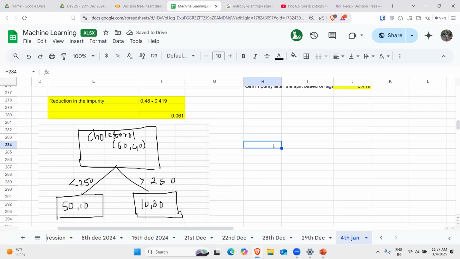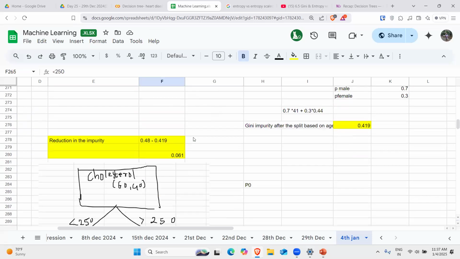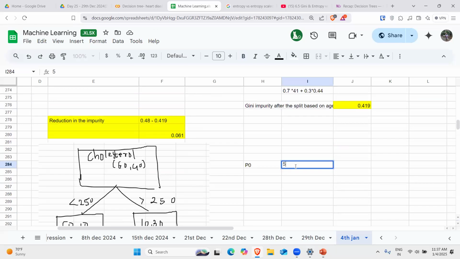Now the probability of class 0 for cholesterol is 50/60, and class 1 is 10/60 for less than 250. So I'll write down over here, it will be 50/60, and probability of class 1 will be 10/60, right? This is 0.833. This becomes 0.167.